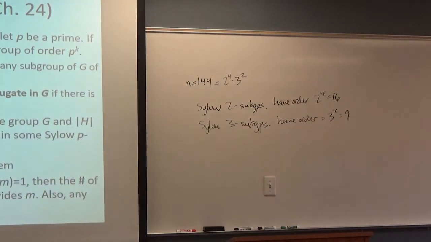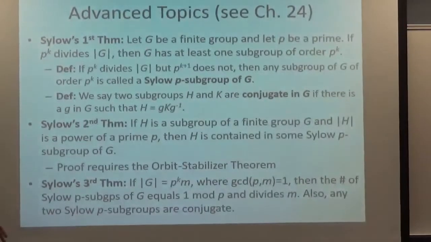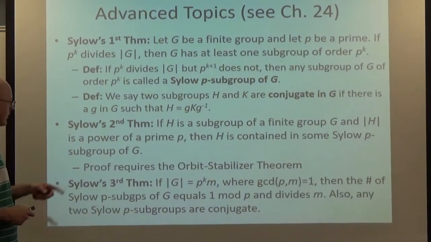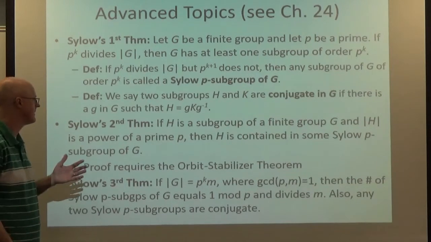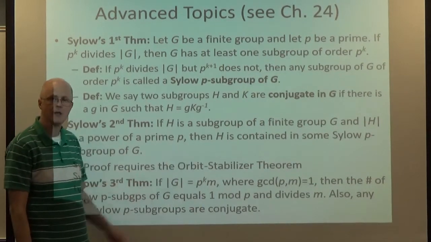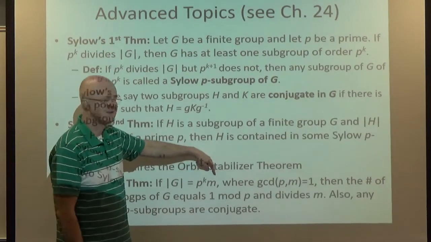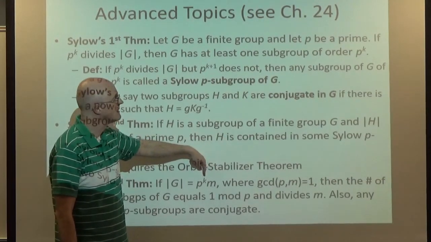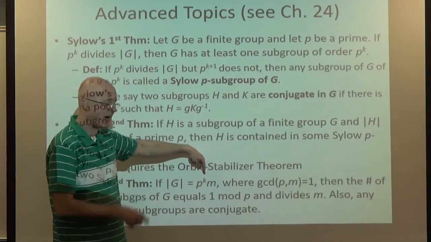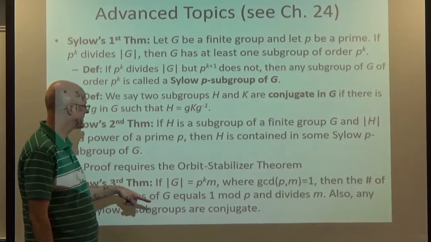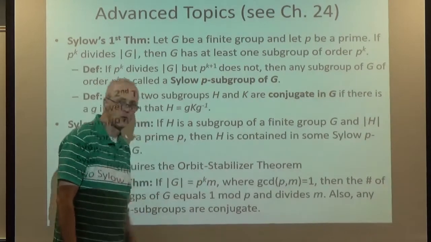But what does Sylow's third theorem say about the possible numbers of Sylow 2 and Sylow 3 subgroups? Focus on the Sylow 2 ones first. Take p to be 2 and m to be 3 squared, 9. k would be 4, looking at that prime factorization at the same time here. The theorem says the number of Sylow 2 subgroups would equal 1 mod 2.